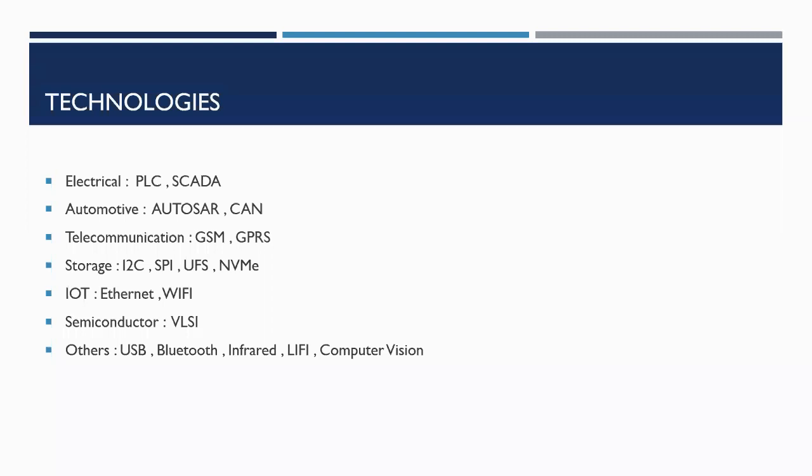So first make sure you understand what technologies you are interested in, and based on those only start exploring and developing. Suppose one is interested in IoT, they have to focus more on the embedded software engineering aspects plus Ethernet and Wi-Fi.